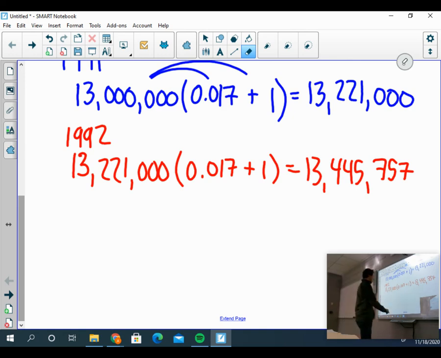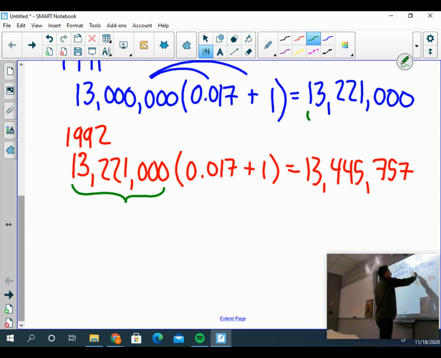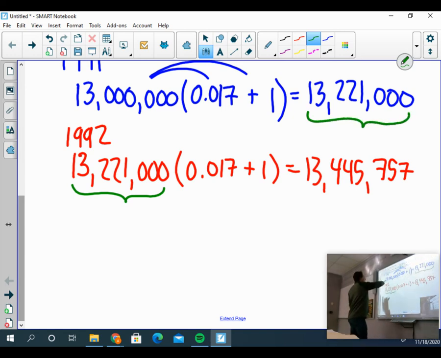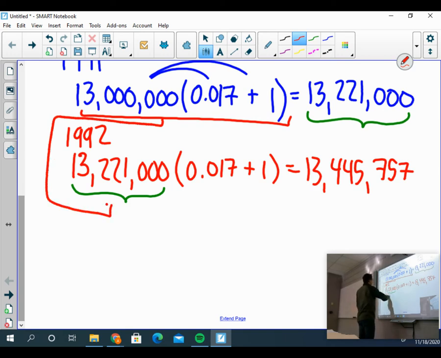Now, what happens is I can do one more rewriting here, and it's going to help illustrate my point. 13,221,000 we learned is equal to 13 million times 0.017 plus 1. So what I could do, we learned about this in chapter 7, is substitute 13 million times 0.017 plus 1 in for that 13,221,000.